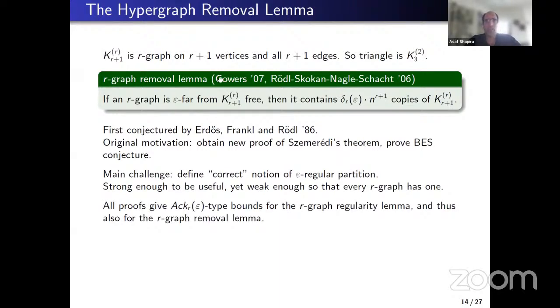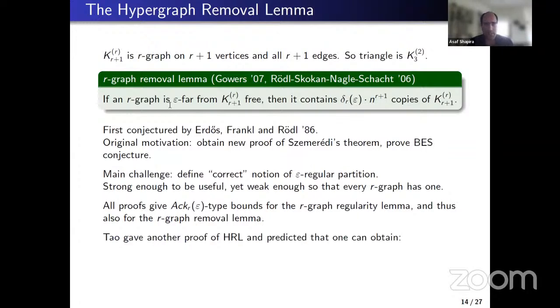This was first achieved by Gowers and Rödl, Skokan, Nagle, and Schacht. All these proofs proceed by recursively applying the regularity lemmas for (r-1)-graphs and (r-2)-graphs, etc. Therefore, all these proofs give Ackermann-type bounds for the r-graph regularity lemma, and therefore also Ackermann-type bounds for the r-graph removal lemma.